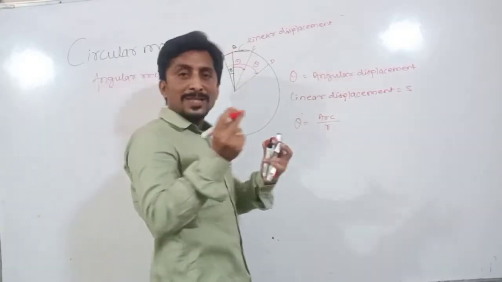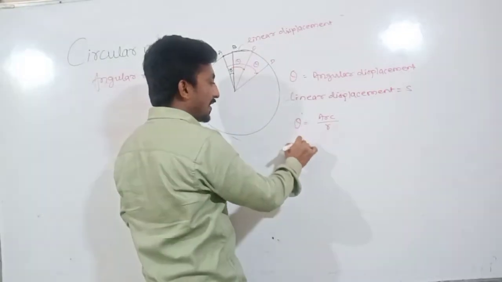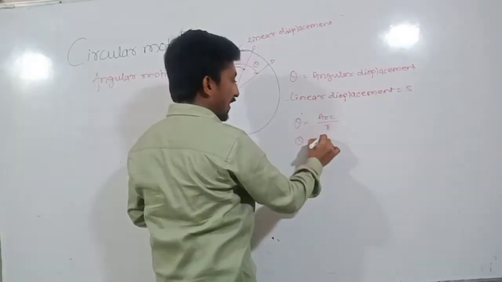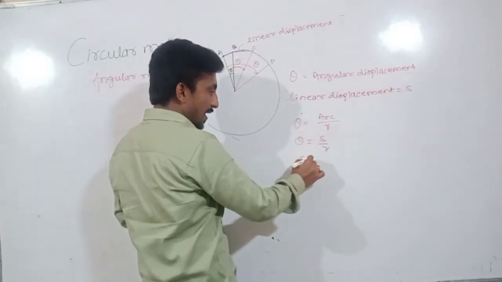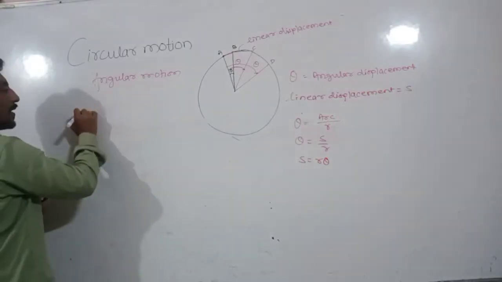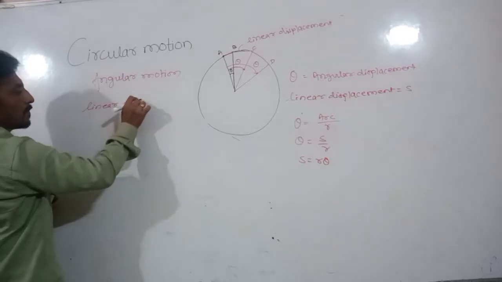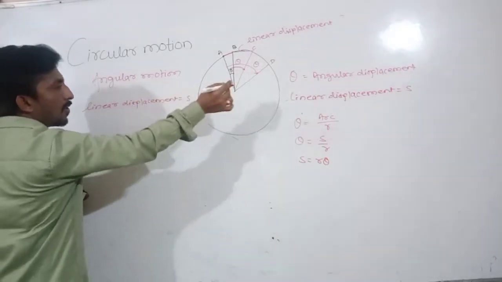Now if the displacement is very small, that is the linear displacement, so you call this theta is equal to linear displacement, that is S upon R. So that is linear displacement S is equal to R into theta. So see here, linear displacement, we denote it by S, we have already written.